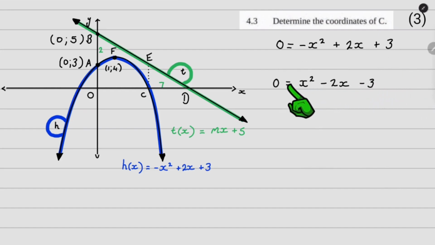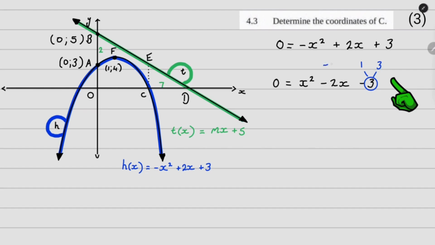Now I need to factorize this trinomial. So I'm going to look at the factors of 3 that will add or subtract to give me negative 2. 3 is a prime number, so it only has 2 factors, which are 3 and 1. Okay, and then I need to add or subtract those 2 factors to give me that negative 2 in the middle.